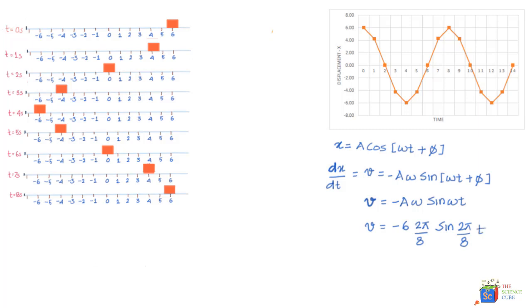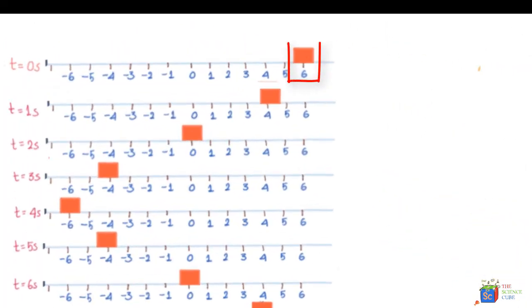So let's put various t values to find the various velocities. At time t equal to 0, this entire function becomes 0, because sine of 0 is 0. And it makes a lot of sense, because the mass is pulled to the extreme right, and it starts its journey from here where the velocity is 0.